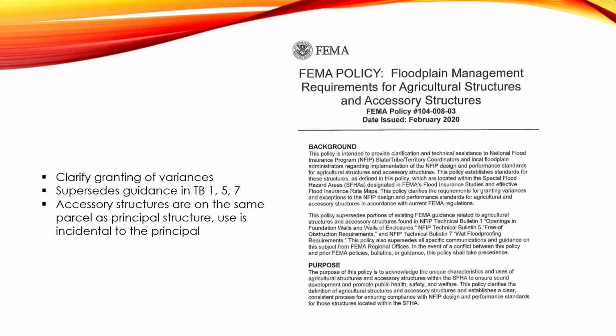Those bulletins have been updated since this policy came out. So there's new guidance in Technical Bulletin 1, which came out in 2020, and then the new Technical Bulletin 7 on wet floodproofing that came out in 2022. So yeah, I mentioned this already. Accessory structures are on the same parcel as the principal structures.